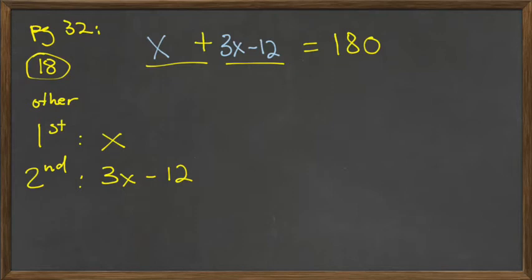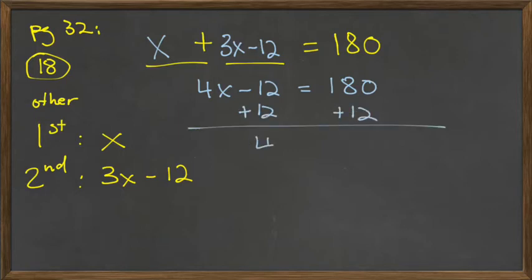That is your equation. Now combine like terms: 4x minus 12 equals 180. Add 12. 4x equals 192. Divide by 4. Does anybody have a calculator? 48, my favorite number.